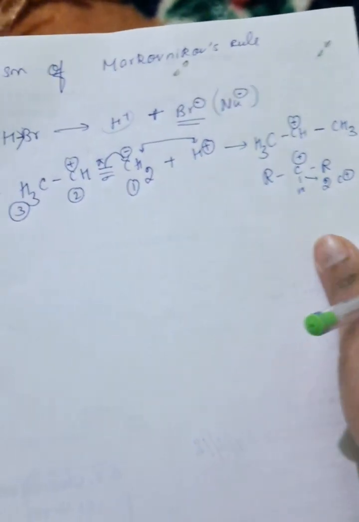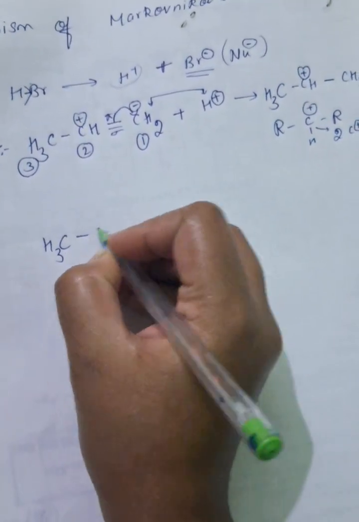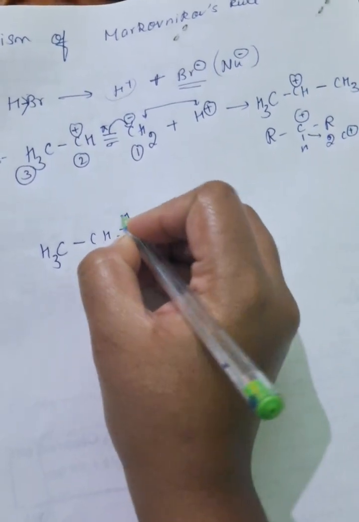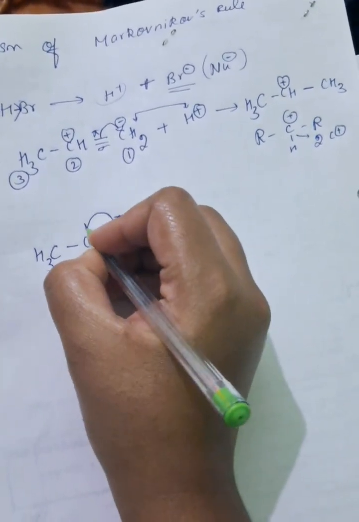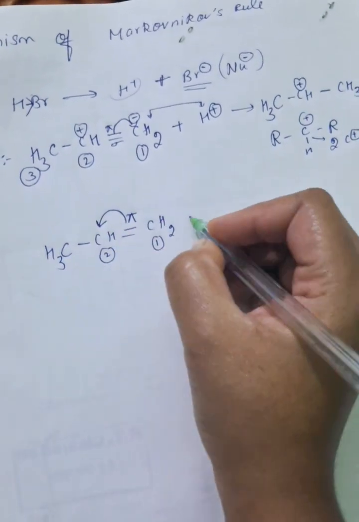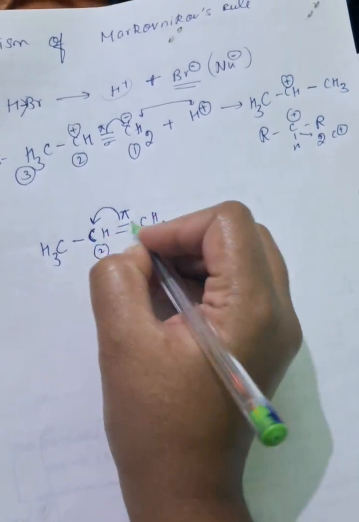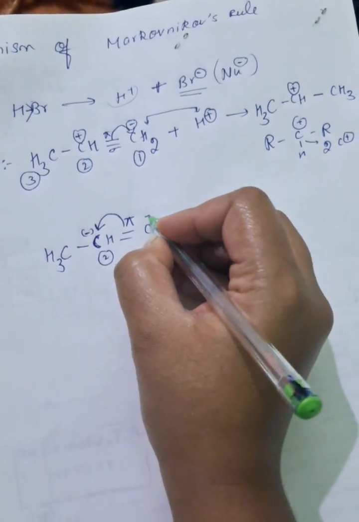Okay, so this is one way. So let's see the other side also. Same reactant I will take. Now these pi electrons, I'm going to shift them to the second carbon atom. So if the pi electrons are shifting to the second carbon atom, what's going to happen? This carbon which is taking the pi electrons will get a negative charge, and the first carbon gets a positive charge.